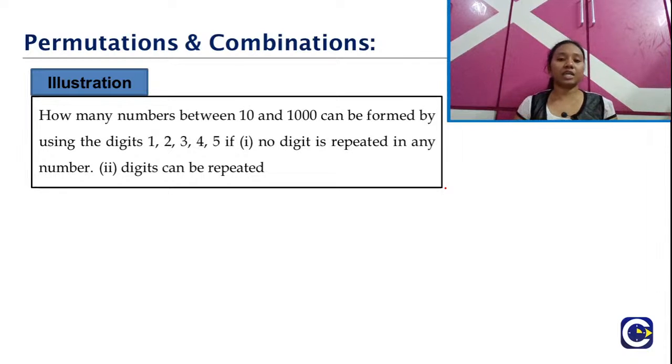So, similar question, guys, we have solved in the previous session. Just try and recall it and try to solve it.